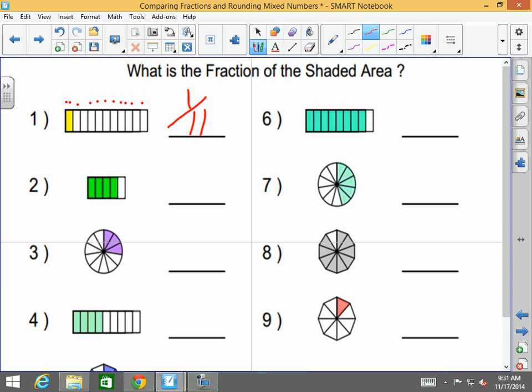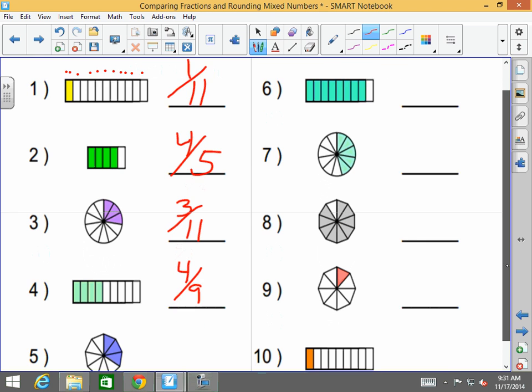Please wait till we call on you, son. 4/5. Excellent. How about number 3? Raise your hands, guys. 3 out of 11. Very good. Next, number 4. 4/9. Very good.